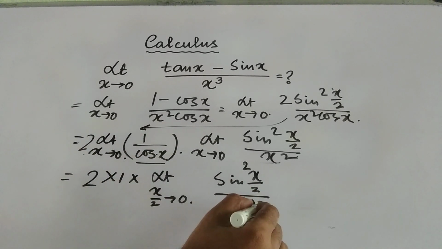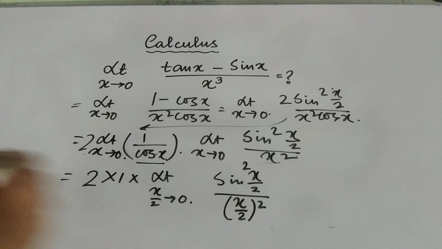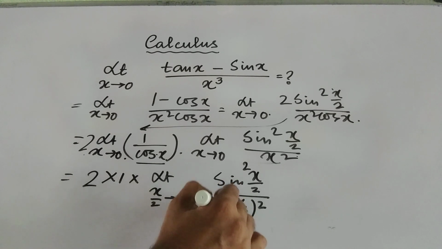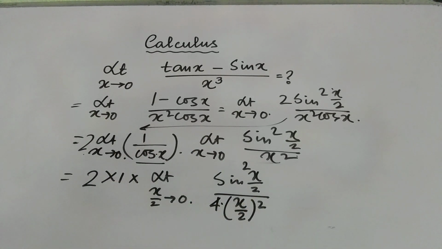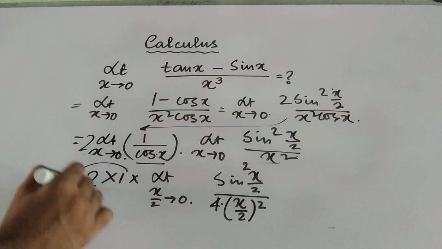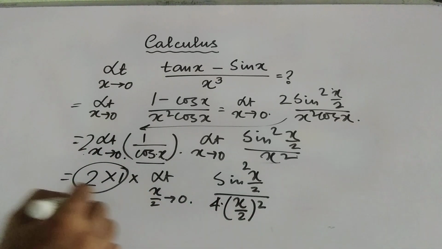But keep in mind that when I keep x by 2 whole square, 4 is getting generated in the denominator. To neutralize, I have to keep another 4 in the upside of the denominator. So here it becomes 2 as I have got it.